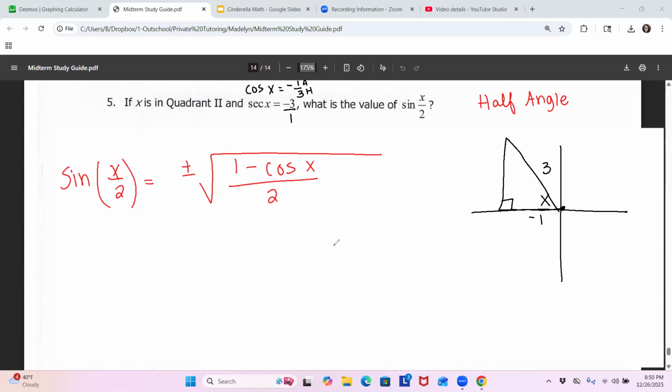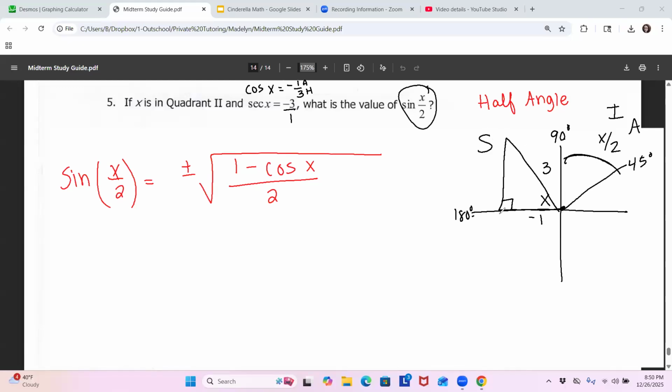Okay, so if we're in quadrant 2, we are somewhere between 90 degrees and 180 degrees. We could think about this in radians as well. That's x, and we're taking that and cutting it in half. If you cut 90 in half, you're at 45, and if you cut 180 in half, you're at 90. So our x cut in half is somewhere in quadrant 1.